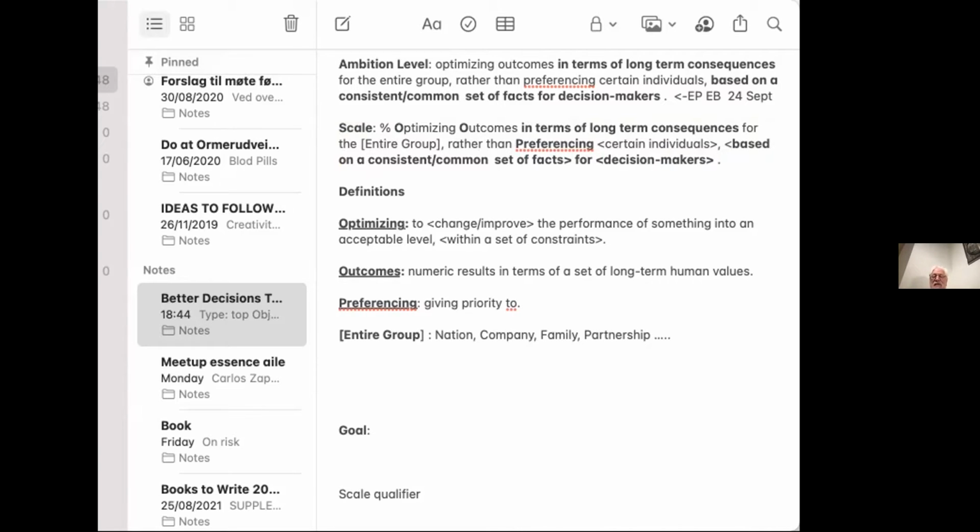Now I've got myself some units. So the percentage of optimizing incomes, etc. Now I'm just going to put in an arbitrary percentage. The number 42 is my favorite arbitrary number because it is the answer to everything in the universe, right? So I'm going to go for a goal of 42%.